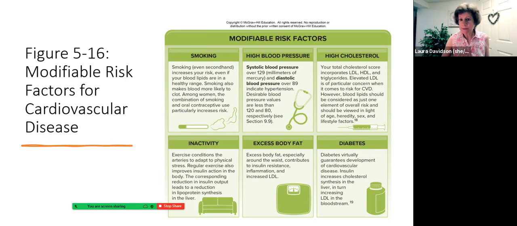Read through this list of modifiable risk factors. I think it's very important to note that diabetes virtually guarantees development of cardiovascular disease. We talked about the metabolic syndrome. Well, this is a place where those two chronic diseases are often found together.